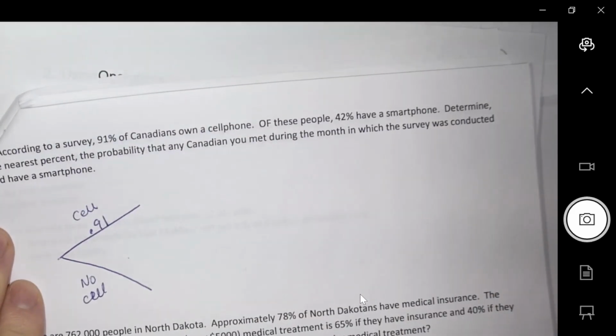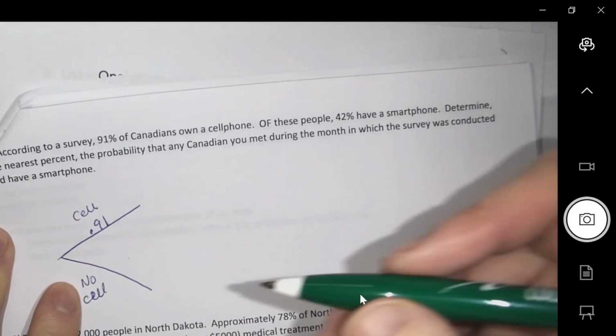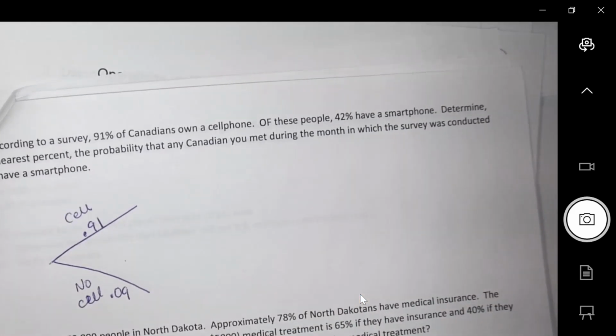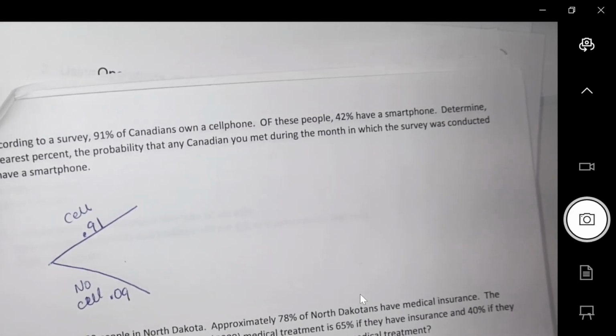So, 91% of Canadians own a cell phone, which means 9% don't own a cell phone.